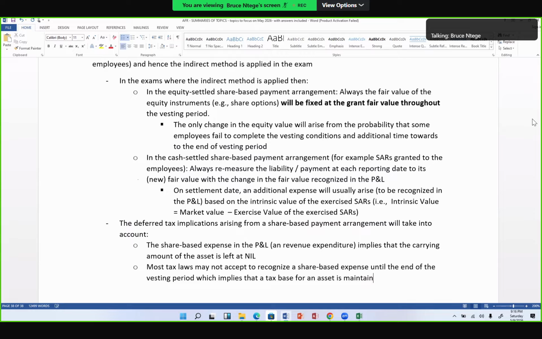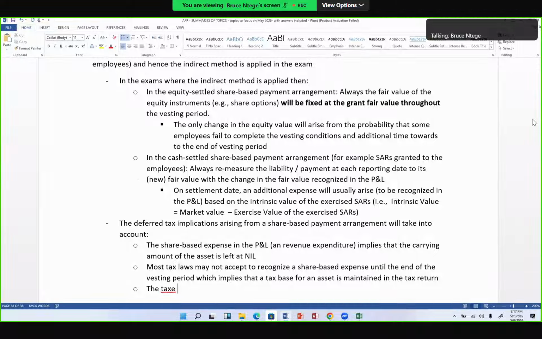In the tax returns, where we find a tax base, the law says don't expense, instead capitalize that figure. So in this case, you have a carrying amount of 0 but a tax base of a figure. But even then, the tax base is based on intrinsic value, not just fair value. So the tax base maintains that asset, and the asset is measured using intrinsic value. Again, the example I'll give you has that intrinsic value.